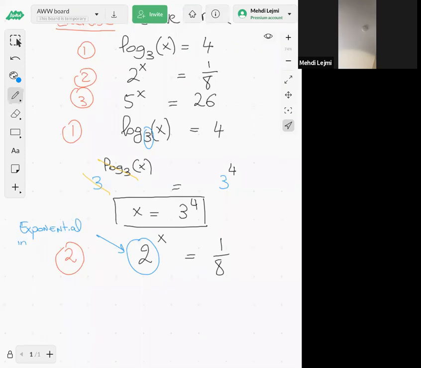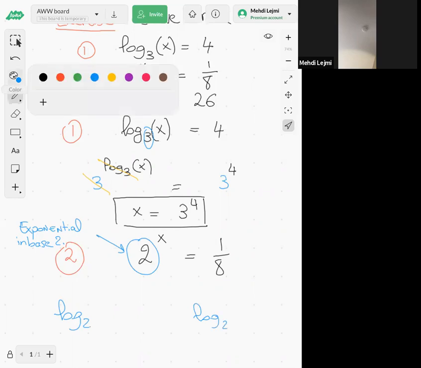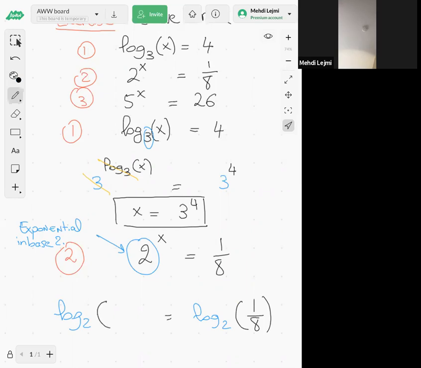So I'm going to apply log both sides in the same base. So here's my log in base 2. This is equal. On the right side, I have 1/8, and on the left side, I have this 2 to the power x.